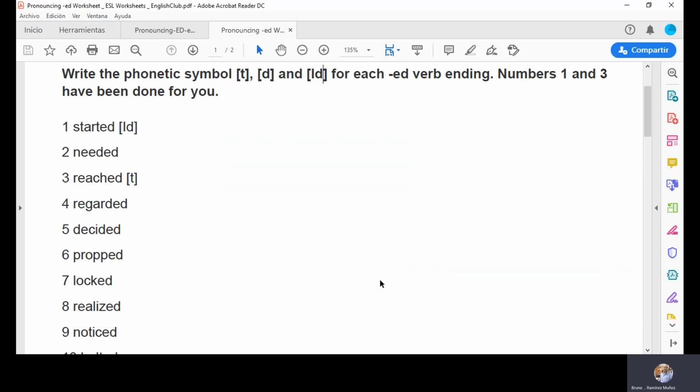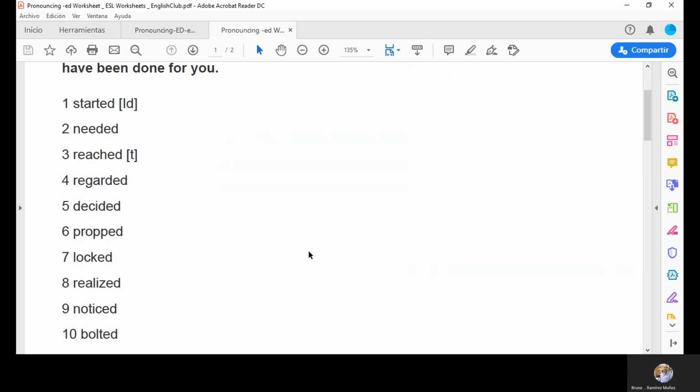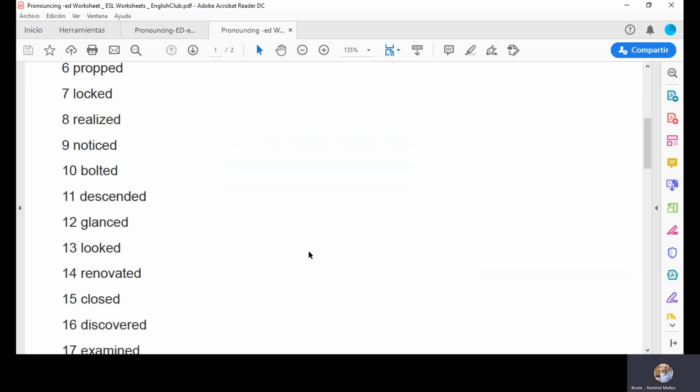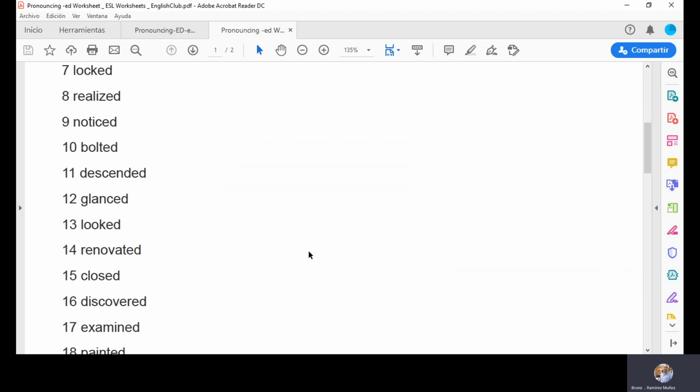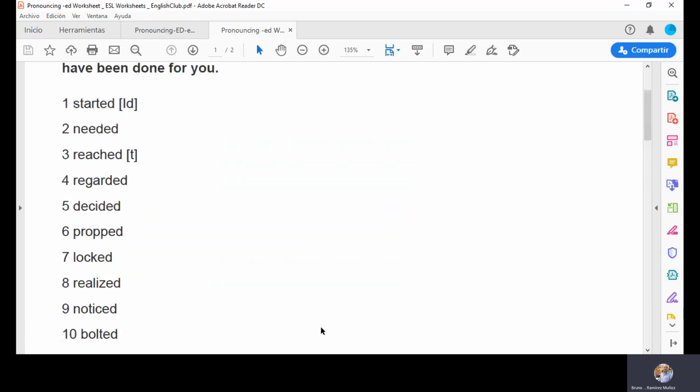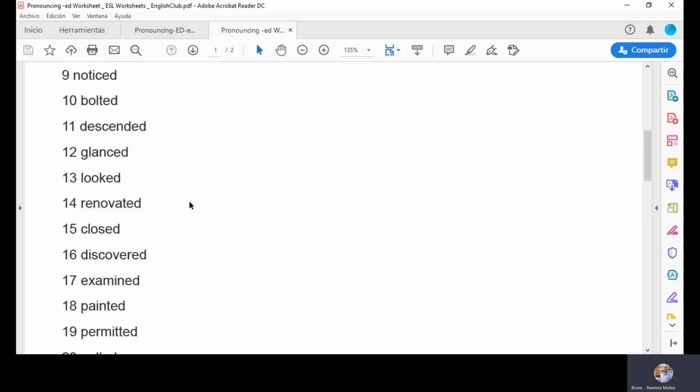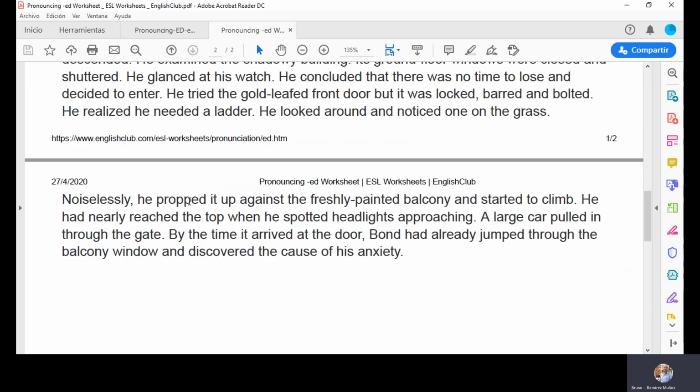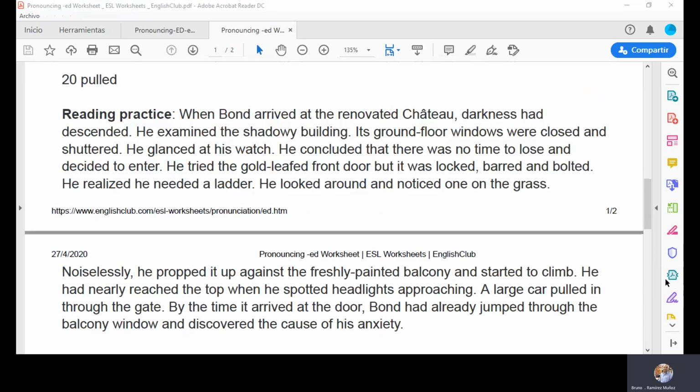So transcribe the ending, right, for these specific sounds. Take a moment to do this, and then you have a section called reading practice, in which you're going to find several verbs which end in ed.